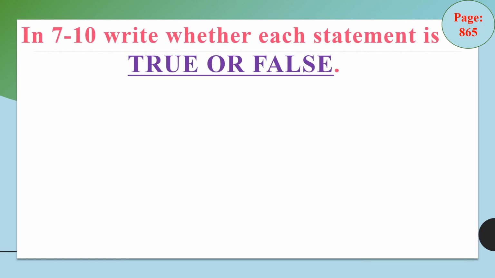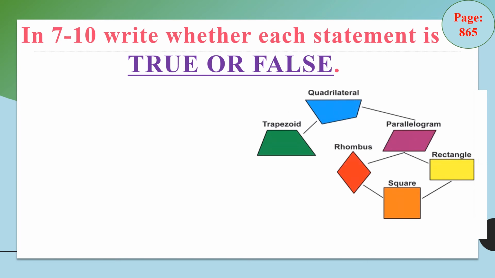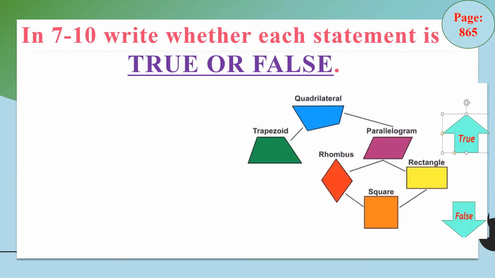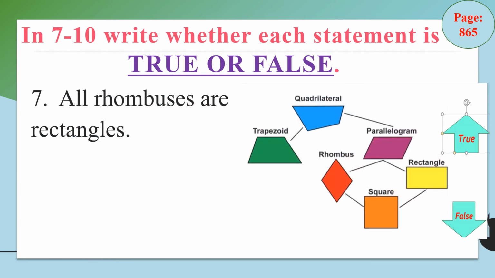Now, in questions 7 to 10, write whether each statement is true or false. So now let's see question number 7. All rhombuses are rectangles. Now see the relationship between rhombus and rectangle. Is there any relationship between rhombus and rectangle?